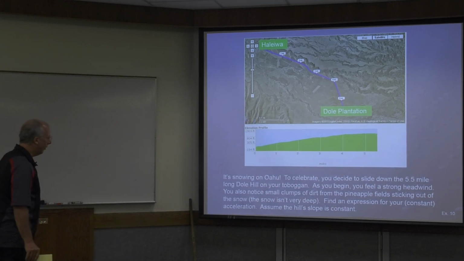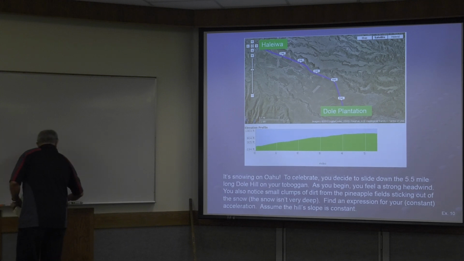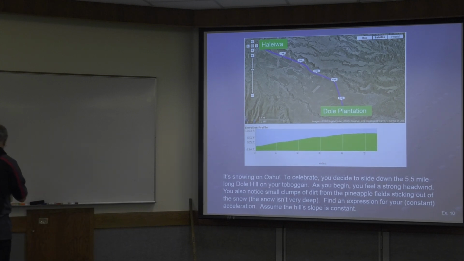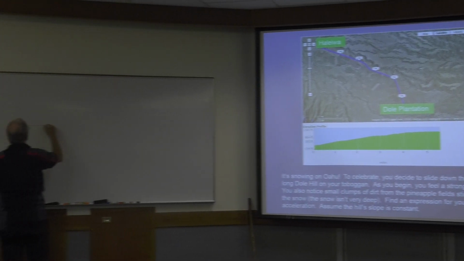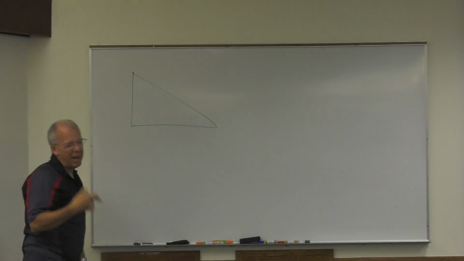So there we go. We're sledding down the Dole Hill. Wow. So we want acceleration. So what's that? Force diagram. But we're on an incline, which is going to make it a mess, right?